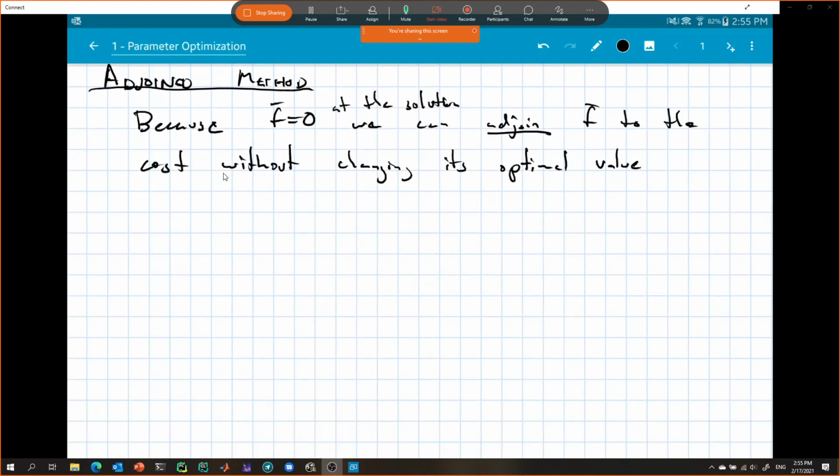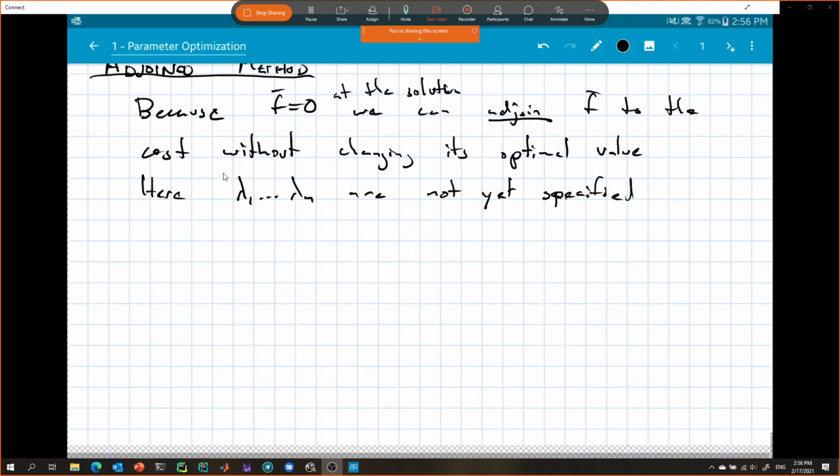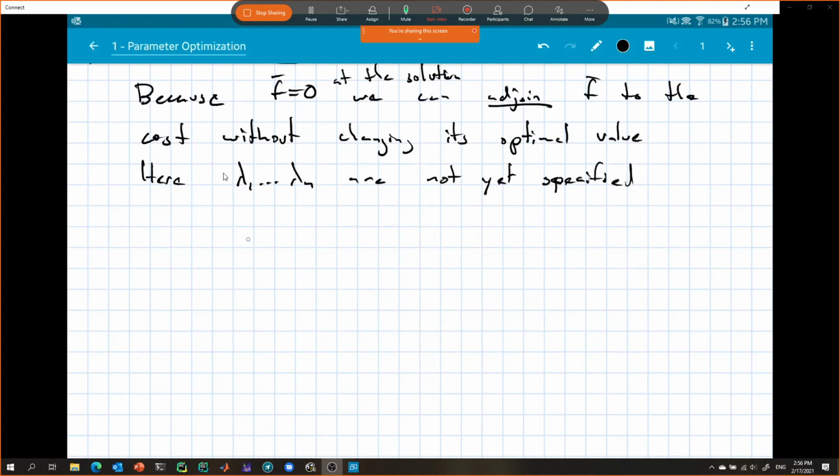So you'll see soon, but here lambda 1 through lambda n are not yet specified. So we're not making any assumptions about these parameters. They can be anything at all. They end up being Lagrange multipliers, but right now, we don't know anything about them.